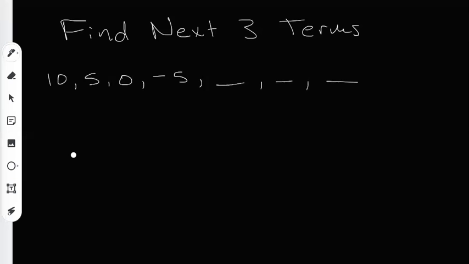So what I need to do is, given any sequence, I need to figure out what the pattern is so I can find out the next 3 terms. So what's the pattern for this sequence? Am I adding or am I multiplying? Right? Let's not think of subtracting and dividing.